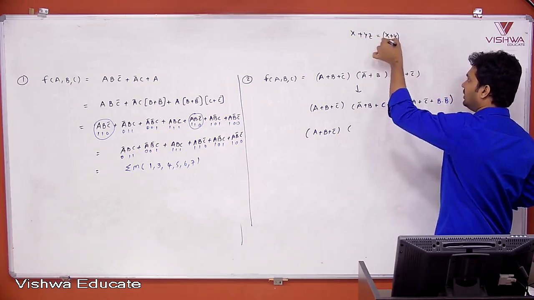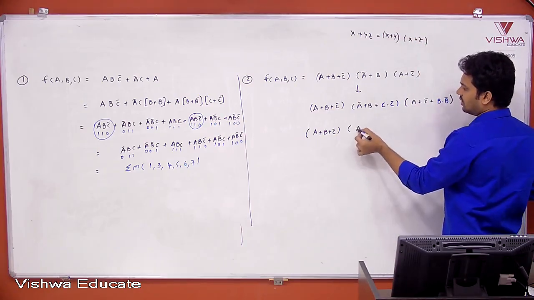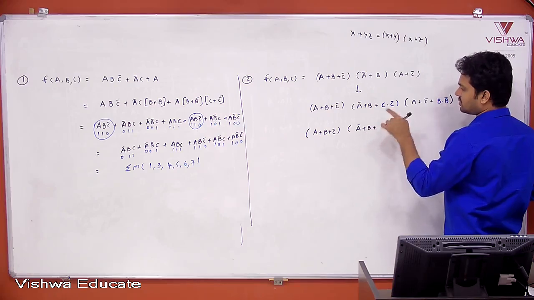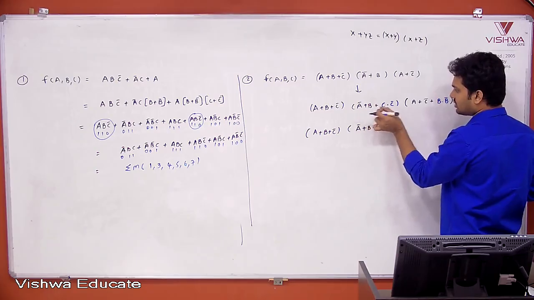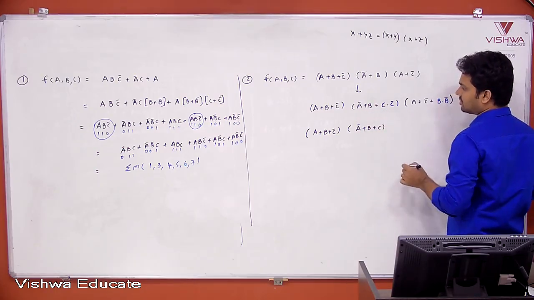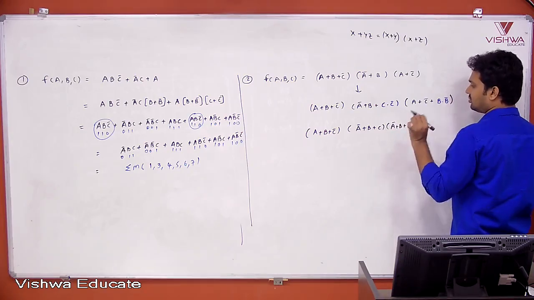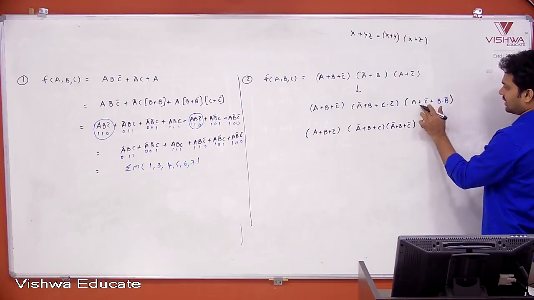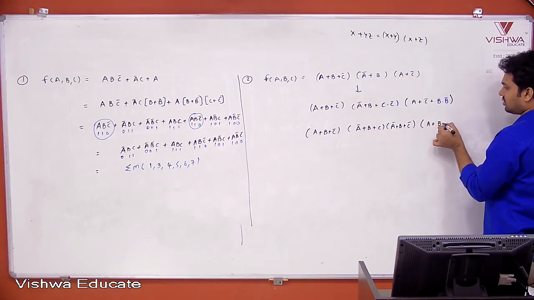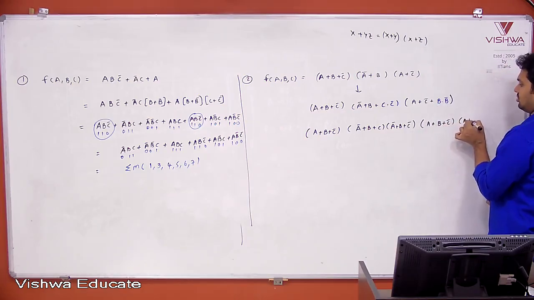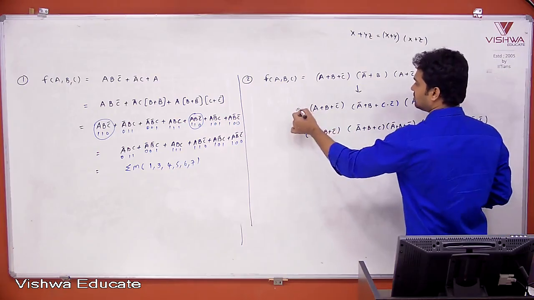X plus Y into X plus Z. So here A bar plus B plus, this is X plus YZ. So X plus Y into X plus Z. A bar plus B plus C into A bar plus B plus C bar. Here also X plus YZ. So A bar, A plus C bar plus B, or you can write it like this. Right. So this is your function.